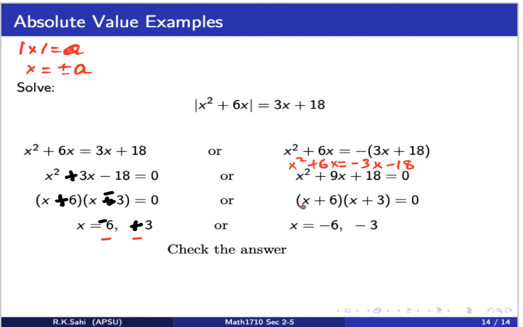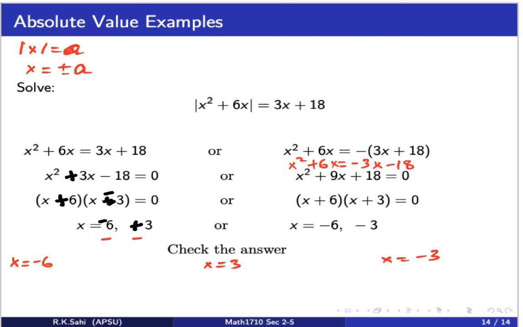Factoring it out, we get x plus 6 times x plus 3 equals 0, or x is minus 6 and minus 3. So in other words, we have to test 3 of them. That means x is minus 6, positive 3, and x is negative 3. We have to test all 3 of them to see whether they're the answers.